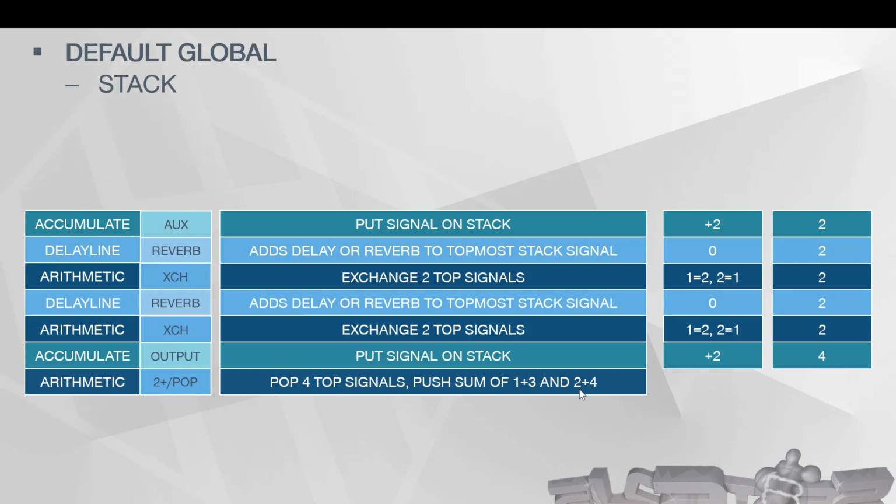And then the same on the other side. So 2 and 4: 2 is the reverbed signal from the accumulated aux, and on 4 we have the right channel for the normal output.